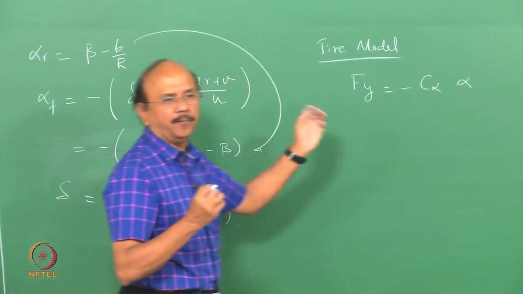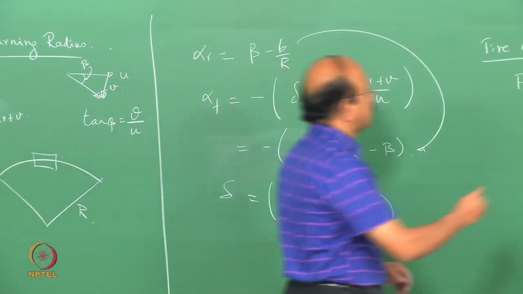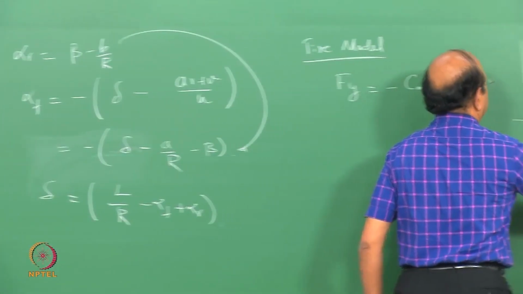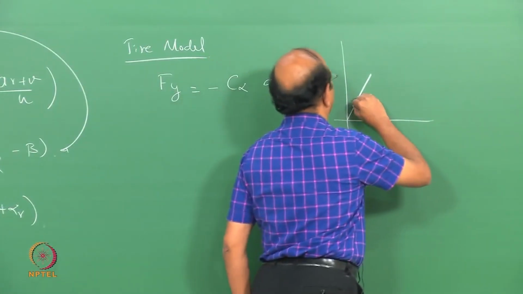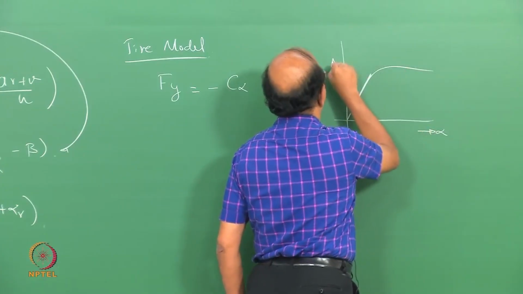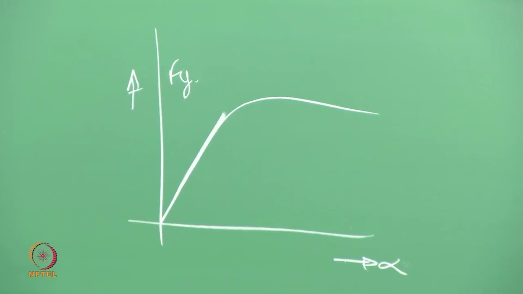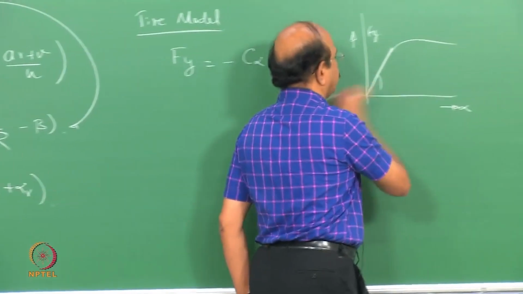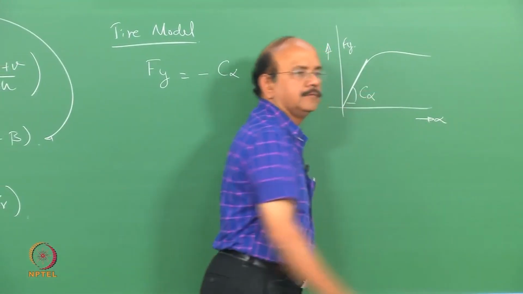C alpha is the stiffness. So this is a simple model. What is this model? This is a linear model. We saw already that there is a region, suppose I plot alpha versus Fy, the curve looks something like this, and I'm going to take a linear model where the slope is what I call C alpha.